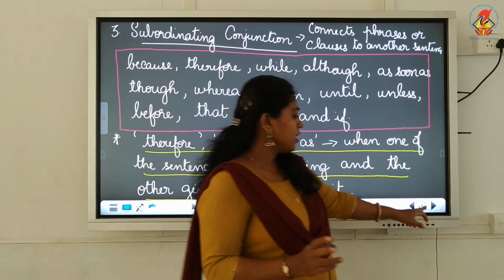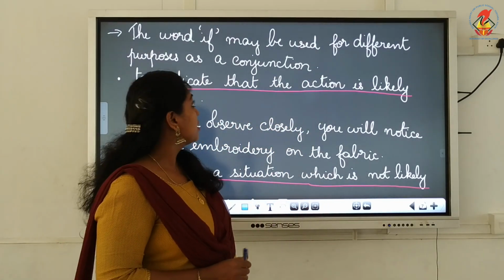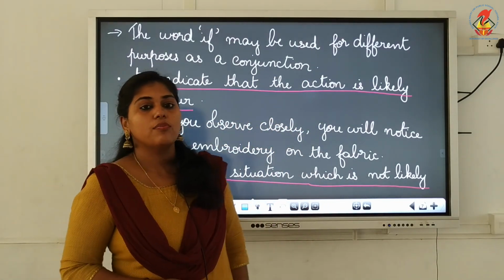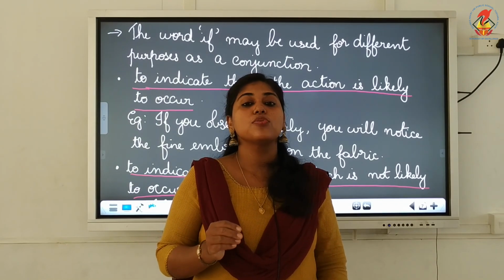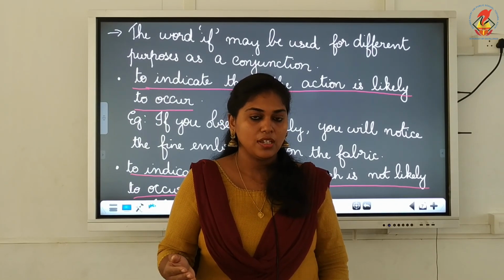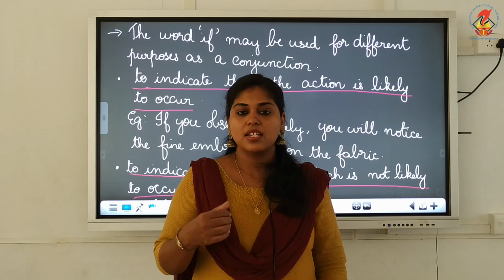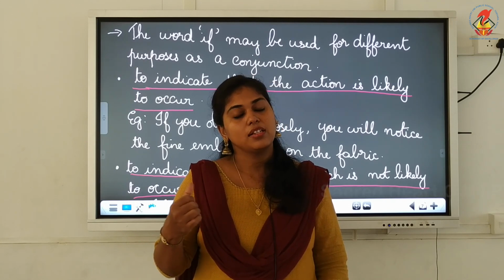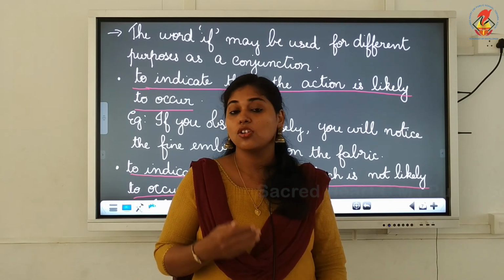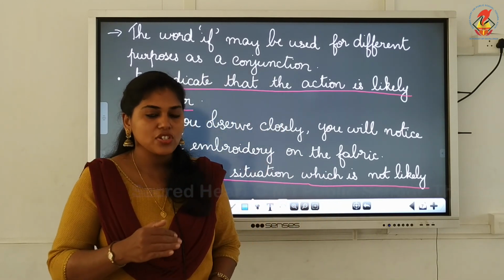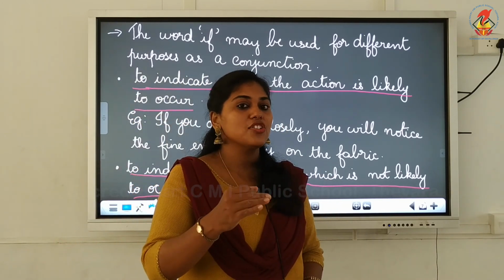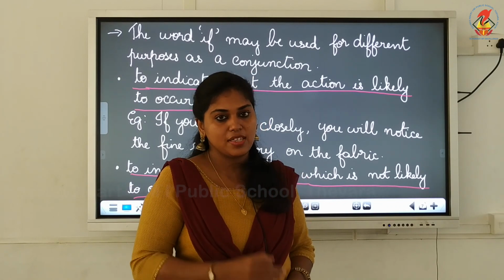One more thing I want to add on: the conjunction if is used for different purposes. We already learned that unless and if are used in order to suggest a condition. Under the condition itself we have three situations, three purposes.